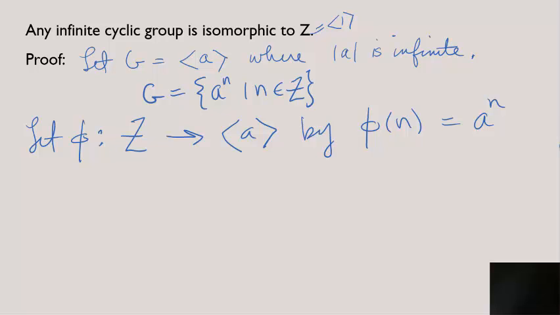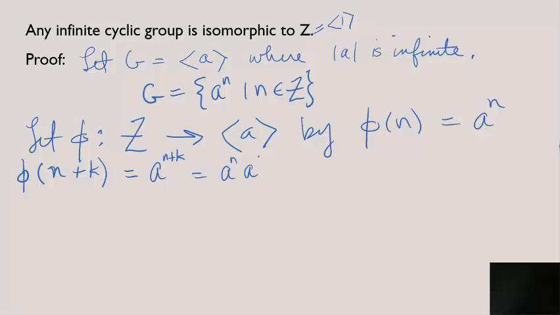And now we need to show that phi is operation preserving, one-to-one, and onto. So first let's do the operation preserving. The operation is addition, so phi of n plus k is equal to, by definition of the mapping, A to the n plus k.